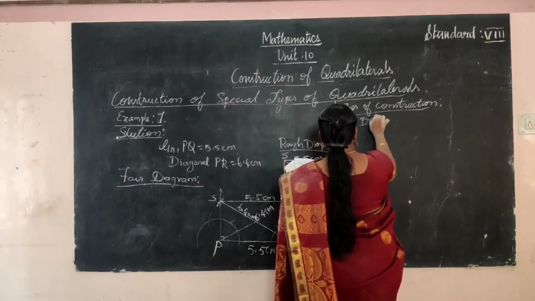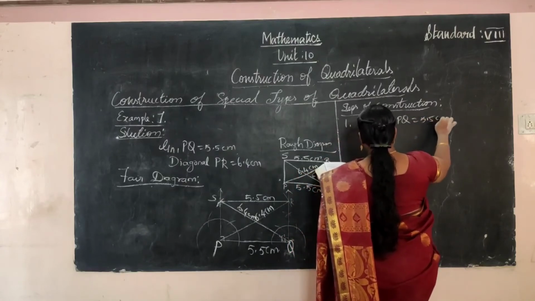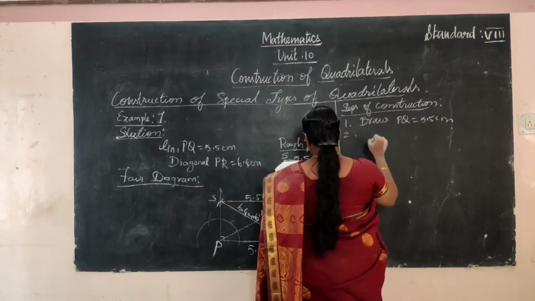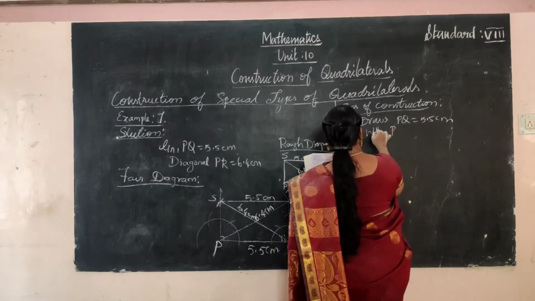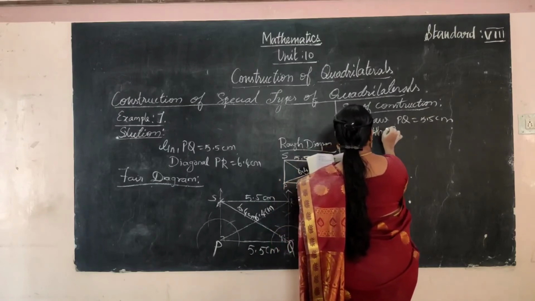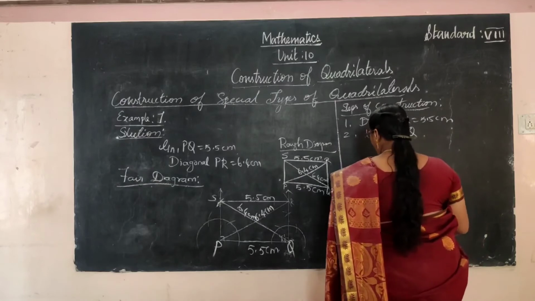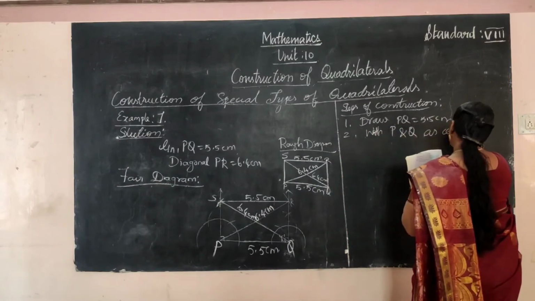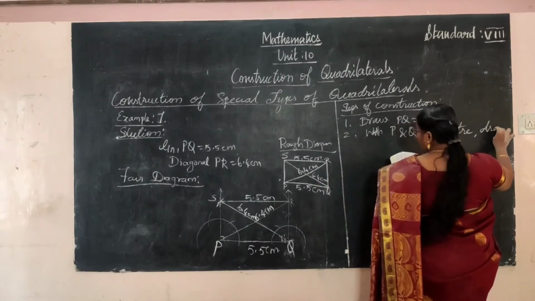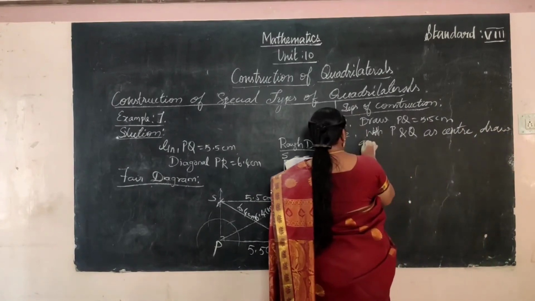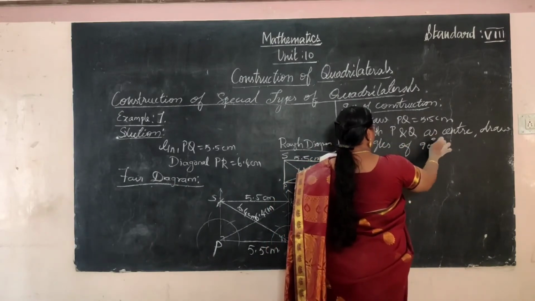Now write the steps. The first one, draw PQ equal to 5.5 centimeter. Then second step, with P and Q as center, draw an angle of 90 degree, that is perpendicular.